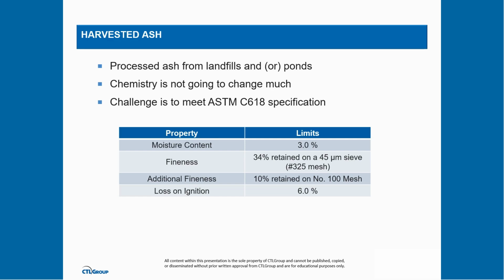There is an additional fineness specification that has been added recently in ASTM C618 in order to allow the use of harvested ash. But at the same time, we need to really make sure the moisture content, the LOI, and all those other properties also meet ASTM C618 before we can use it in concrete.